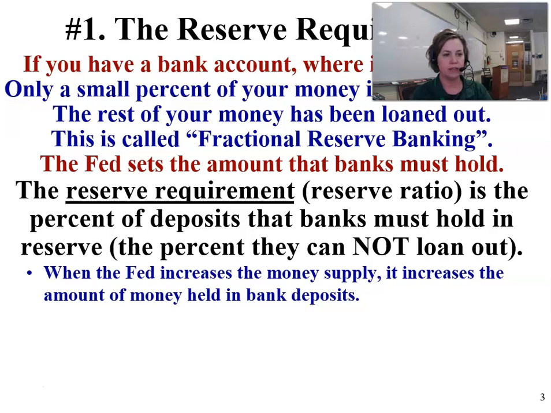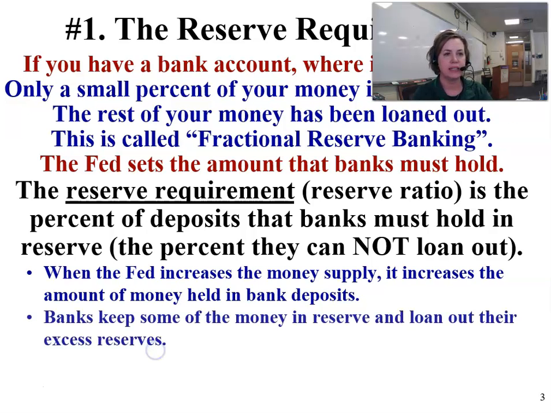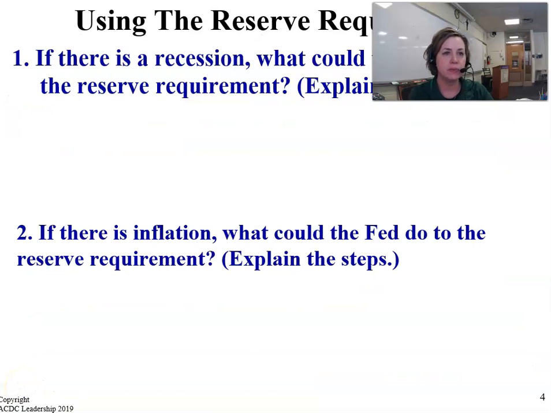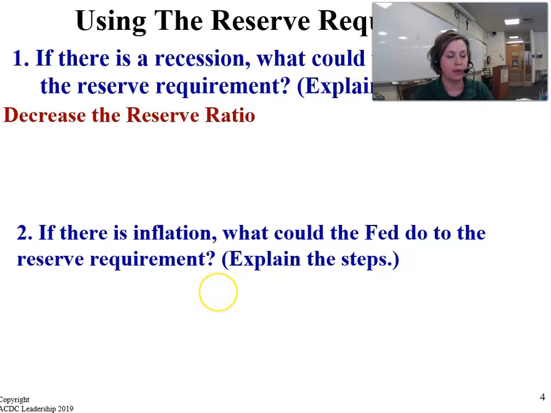When the Federal Reserve decides they want to increase the money supply, it decreases the amount of money that banks hold in deposits. Banks keep some of the money in reserve and loan out their excess reserves. These loans eventually become deposits for other banks, which will in turn loan out their excess reserves. If there is a recession, what could the Fed do to the reserve requirement?